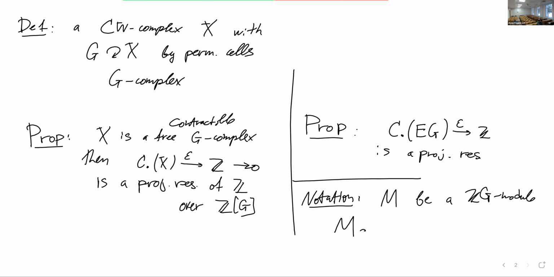Then this thing is called covariance. We have two functors from G modules to G modules: the functor of invariance and the functor of co-invariance.